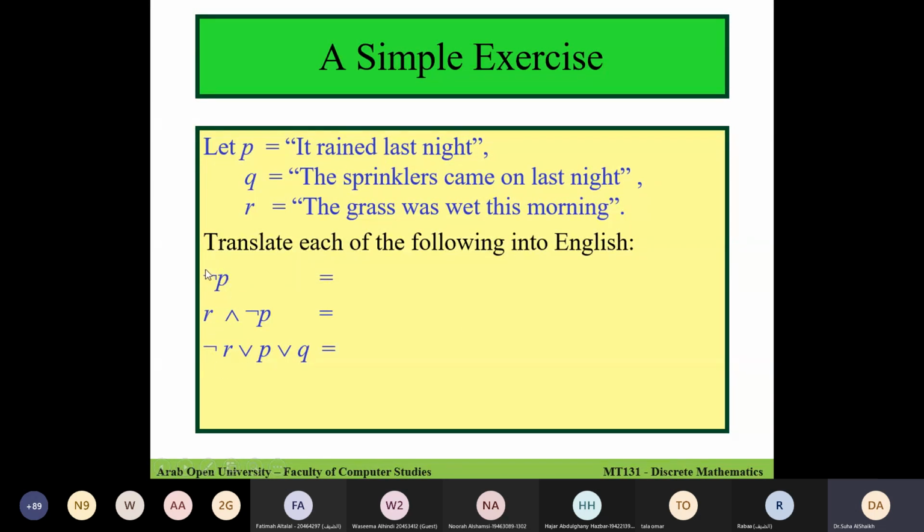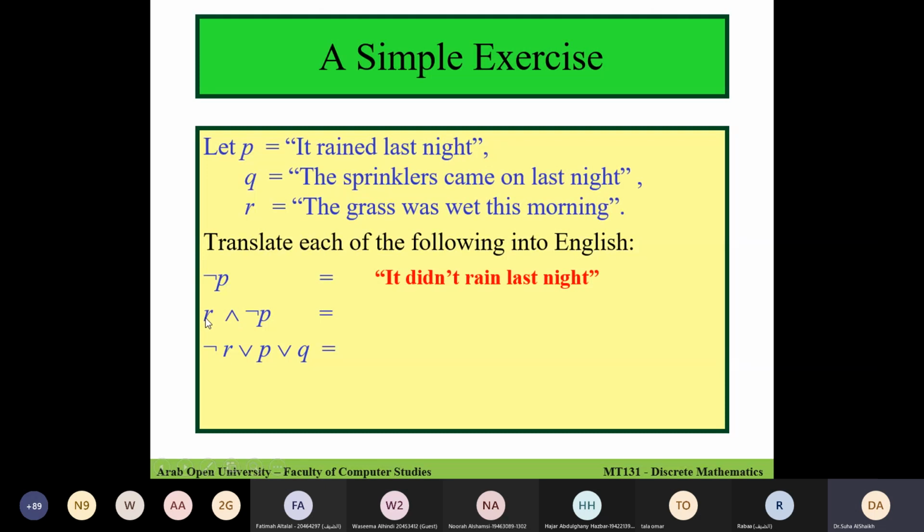What is the negation of P? What will be the negation of P? It did not rain last night, I mean, or it's not the case that it rained last night. It did not rain last night is the negation of this statement, the English version of this logical expression.